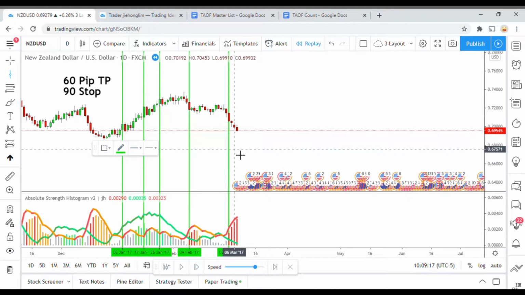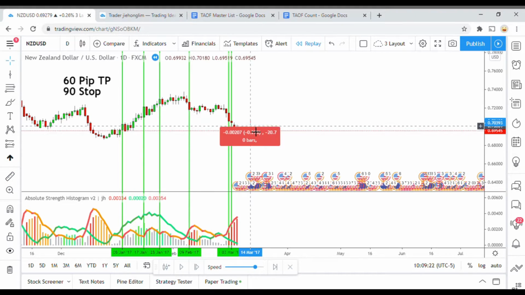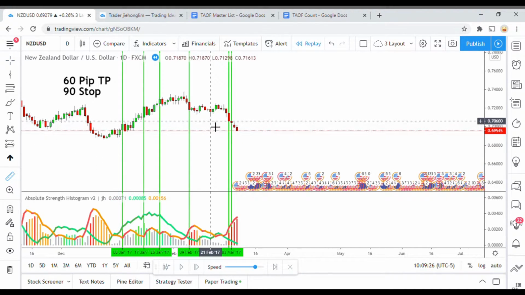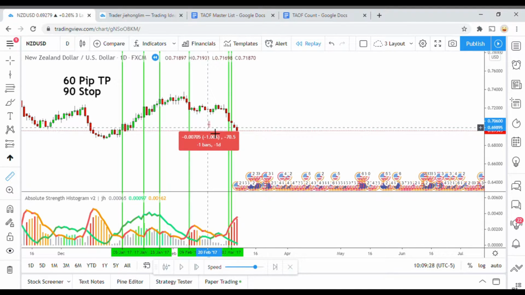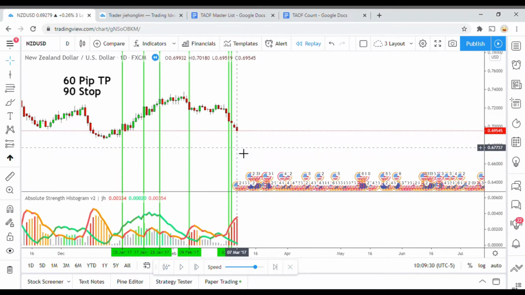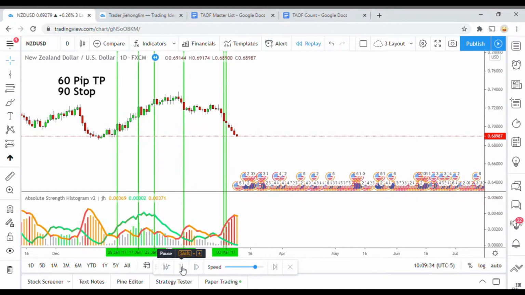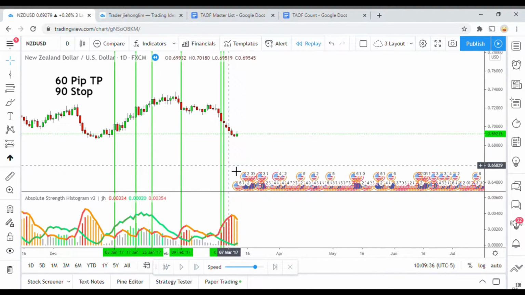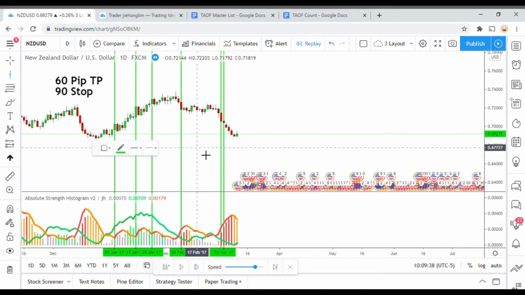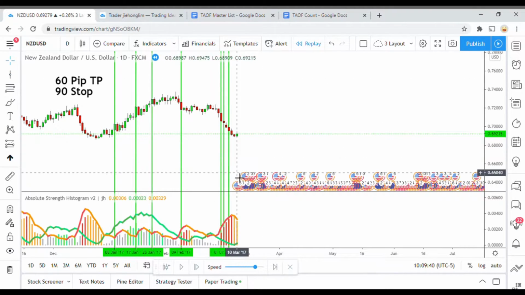Let's see, we would have entered in again here on this one. Oh, come on. Out on that one, and then once more right there. Let's see where that one goes. And it continued to drop down on us.